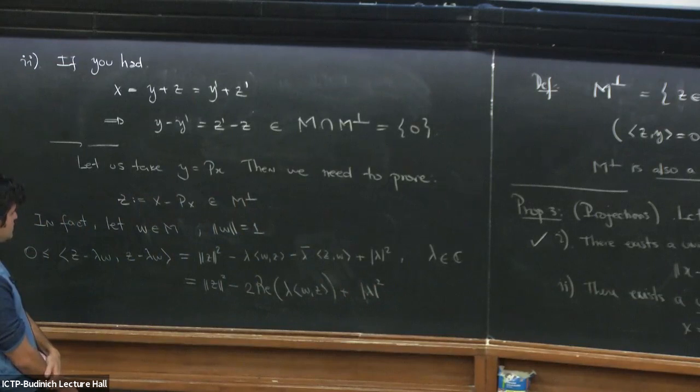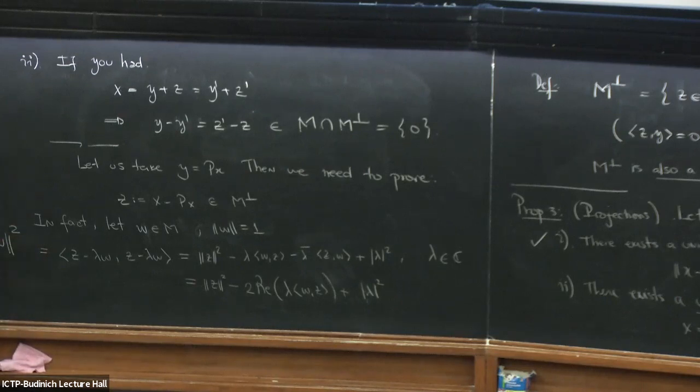All right. Is this what I wanted? In fact, no. Not only is it bigger than 0, but this is equal to, Z is X minus P of X. This is equal to X minus P of X minus this lambda W, square, right?